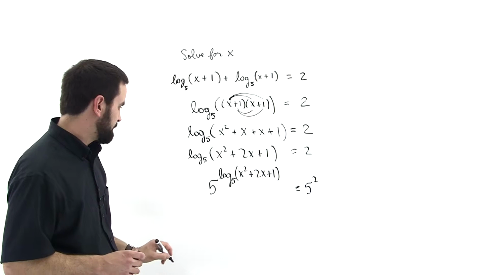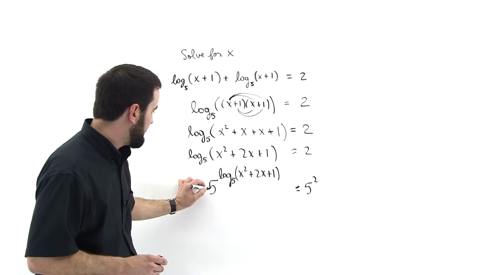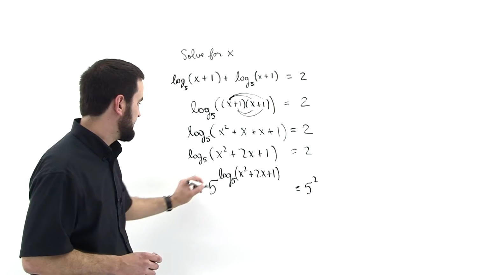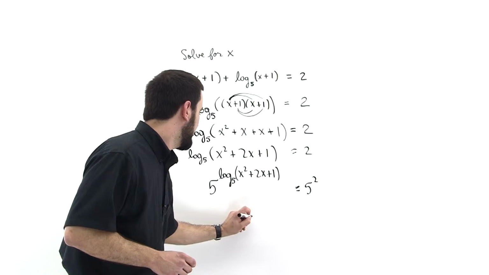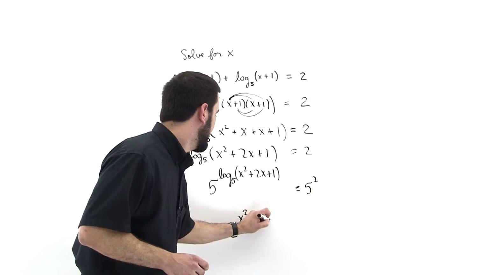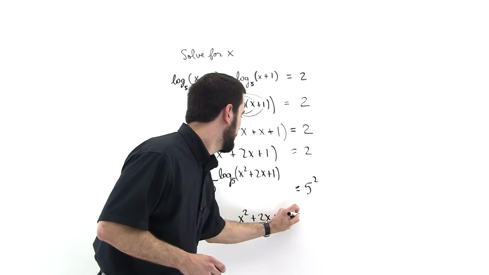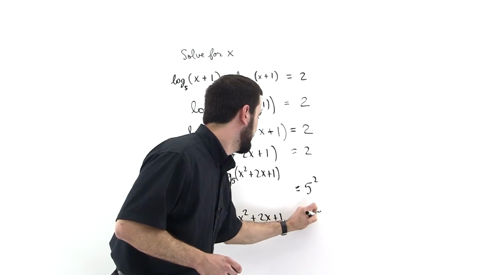If we raise 5 to the log base 5, this whole argument comes out. So this drops down. We have x squared plus 2x plus 1 equals 25.